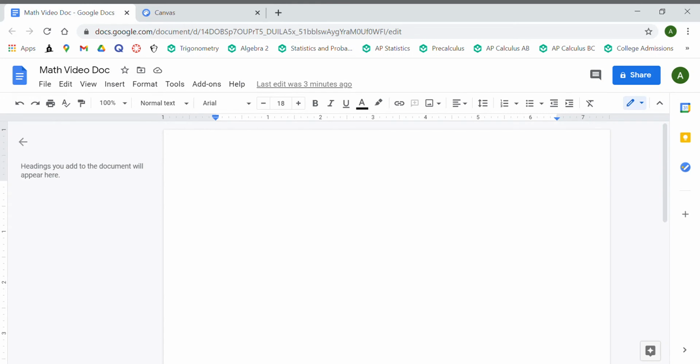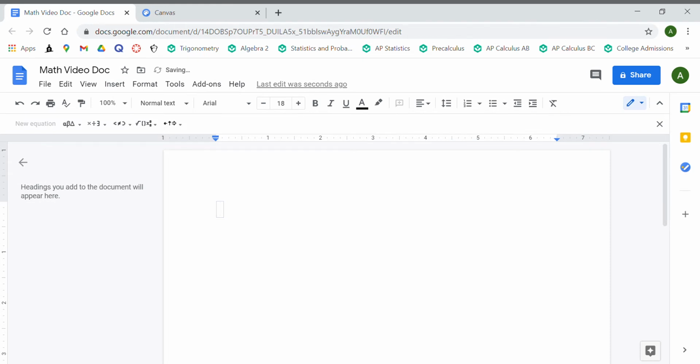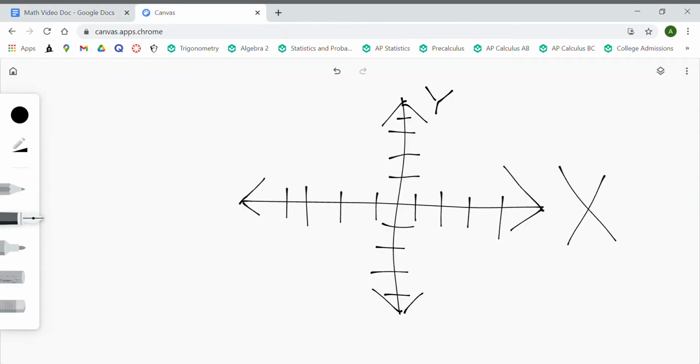Alright, so first I'm going to show you guys how to graph equations in one variable. So let's start with y equals 2. No x value, just y. So really we just need to count steps. 1, 2.